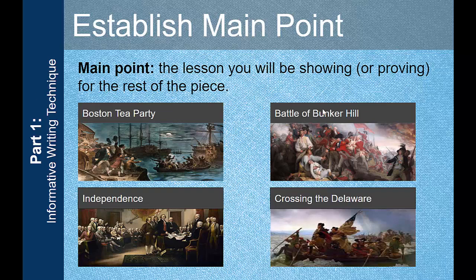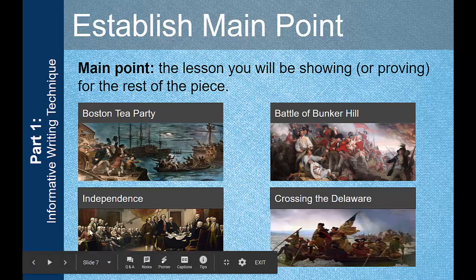Another topic in the Revolutionary War is the Battle of Bunker Hill, and that's pretty early in the war. If I were to have a main point about the Battle of Bunker Hill, it would be that the Battle of Bunker Hill made the Americans realize how far the British were willing to go in the battle. If you ever read about the Battle of Bunker Hill, you really see how many charges the British made, and they killed a lot of Americans in that battle, although the Americans also fought very bravely.